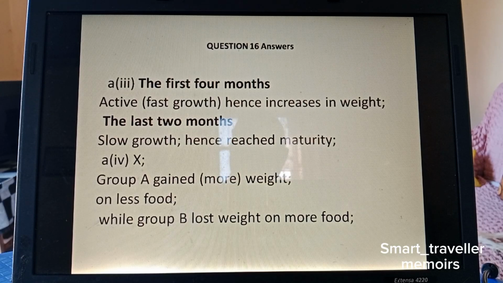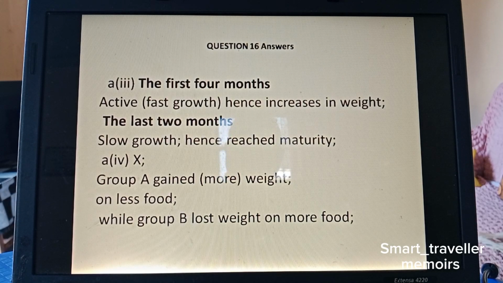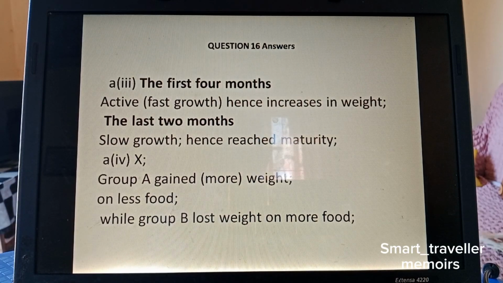Part A, X. Group A gained more weight on less food, while Group B lost weight on more feeds. So, feed X was more nutritious, therefore A gained more weight on less food, while B lost weight on more feed.